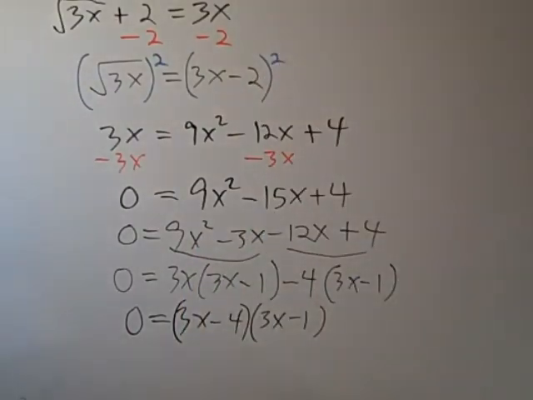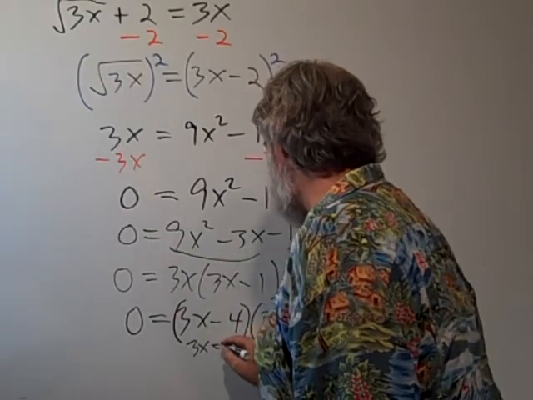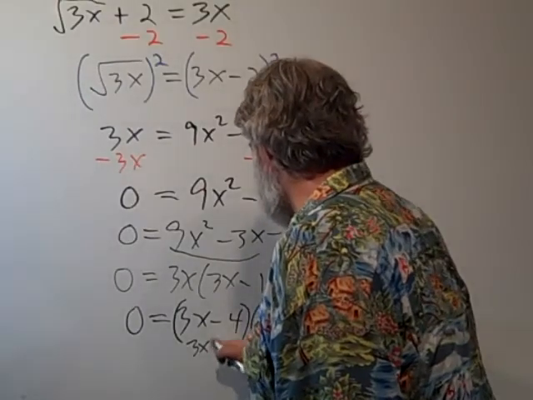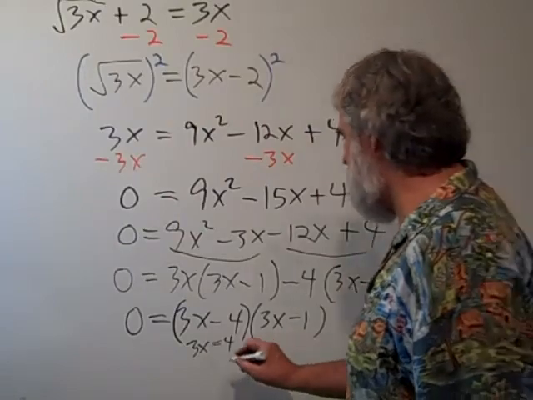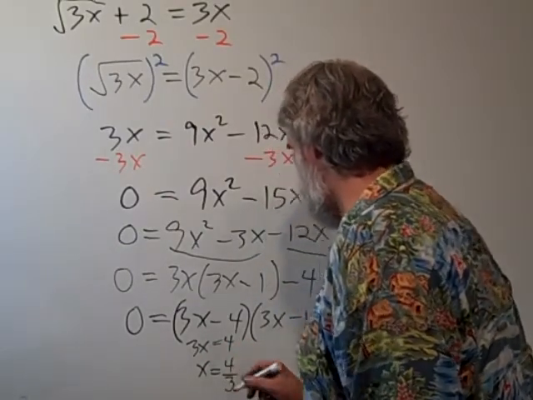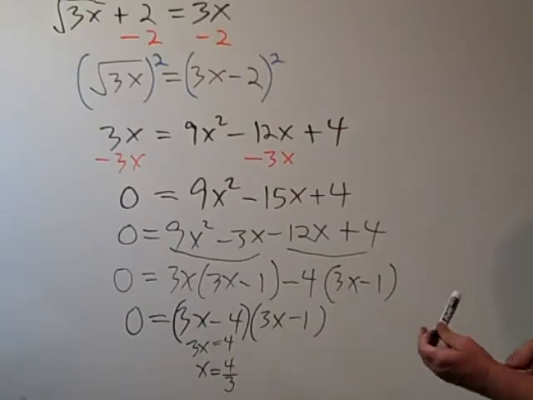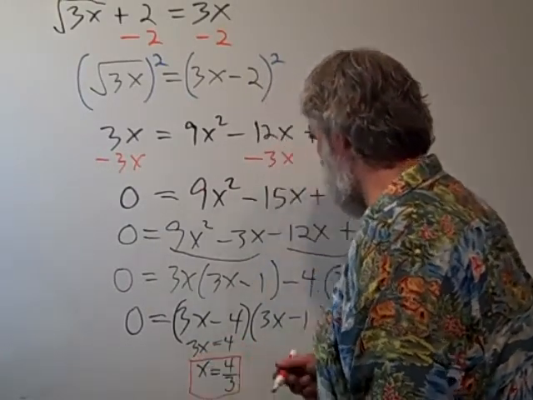And thus we get two possible solutions. This equals 0 if 3x is equal to 4. And that happens when x is equal to 4/3. So there's one possible solution, x equals 4/3. We have to check it still.